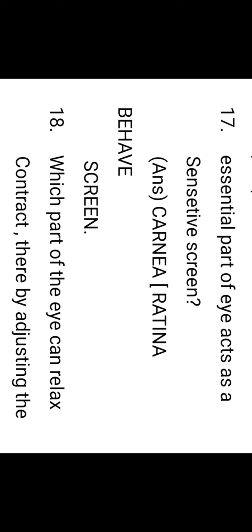When you look at an object, light first enters through the sclera, then the cornea. After the cornea, the big black spot is the pupil. At the pupil, the middle part is known as the iris.